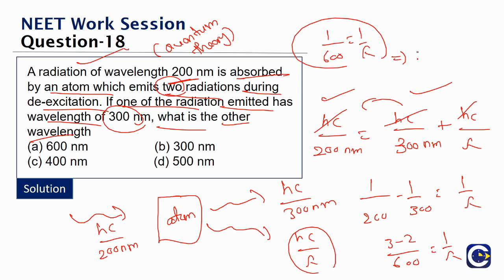So lambda will be equal to 600, of course the unit being nanometers. So the answer is option A. How are we solving this question? The quantum energy absorbed will be equal to hc by lambda or h into nu. If you have frequency, every packet or quanta will have how much energy?